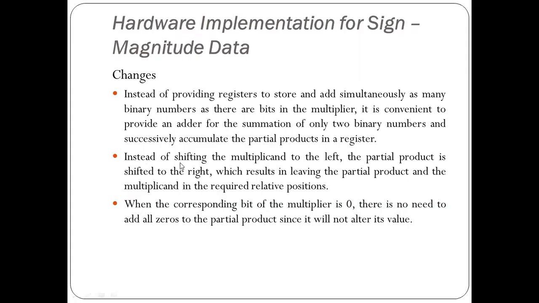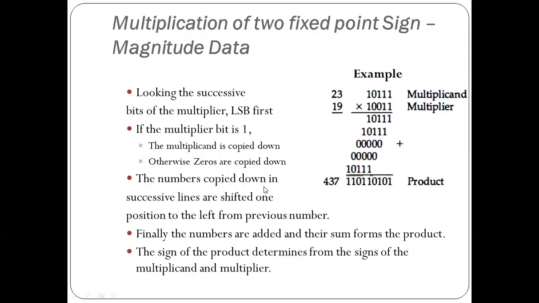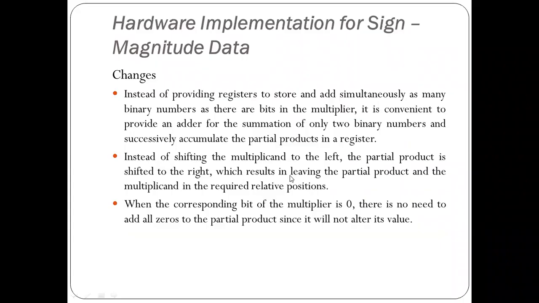The second change: instead of shifting the multiplicand to the left side, the partial product is shifted to the right side. Here is the multiplicand that we are writing down. Instead of shifting the multiplicand left, whichever holds the accumulated product will be shifted right, which results in leaving the partial product and the multiplicand in the required relative positions.